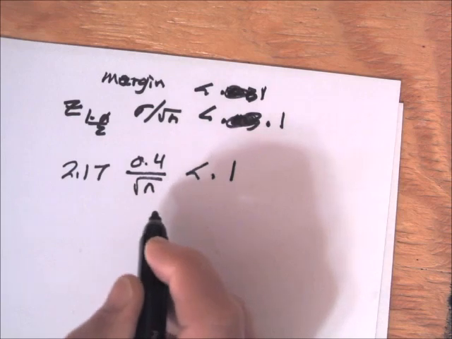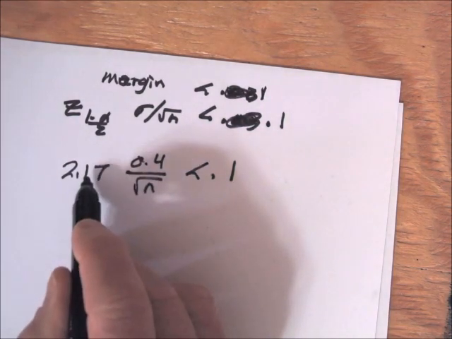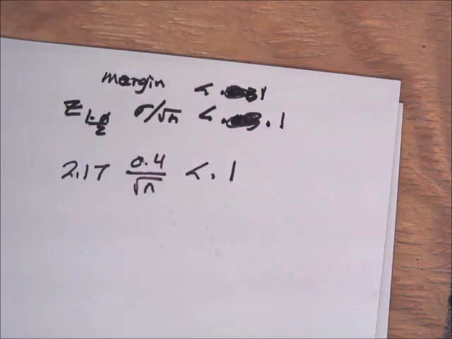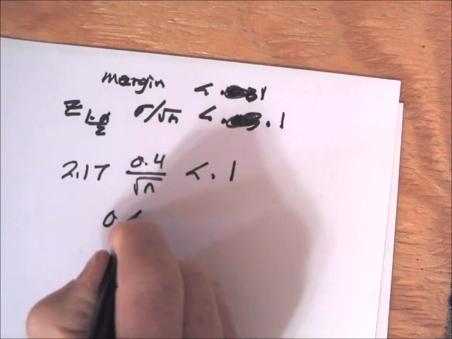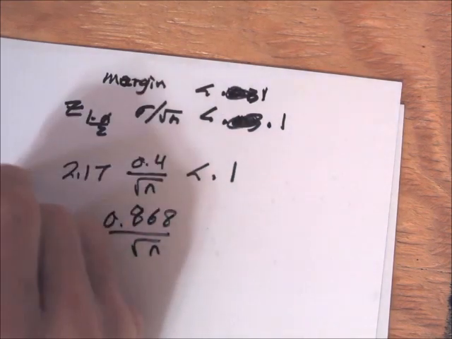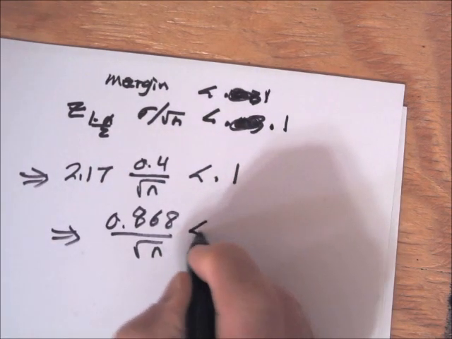So if we solve this for n, let's simplify: 2.17 times 0.4 is 0.868. So 0.868 over root n is less than 0.1.